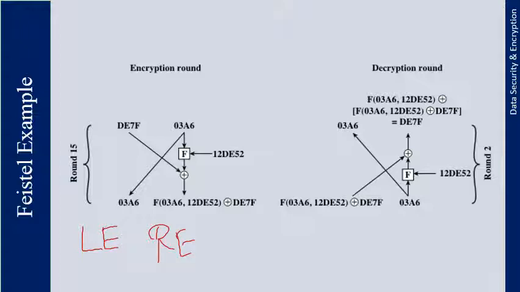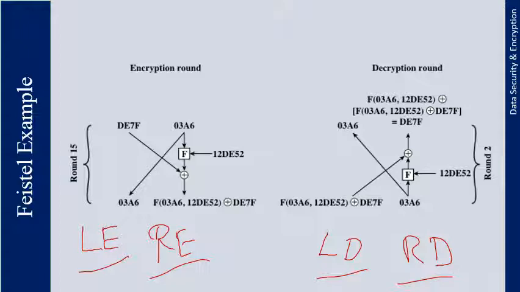Similarly, for the decryption algorithm, we interchange those terms as LD and RD, meaning left part of encryption and right part of encryption. Similarly, left part of decryption and right part of decryption.